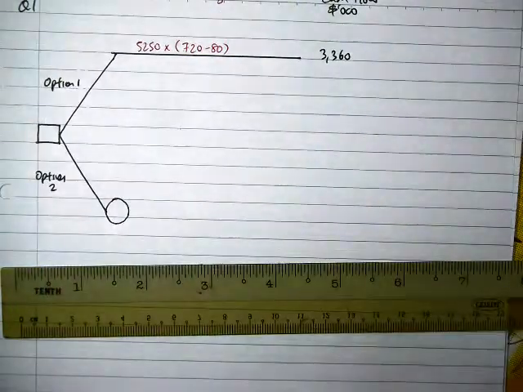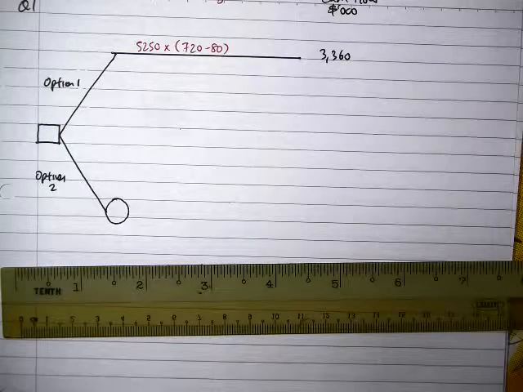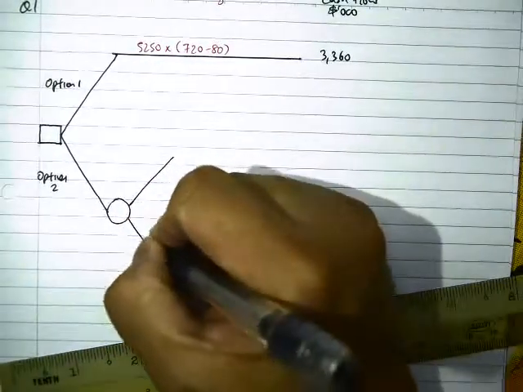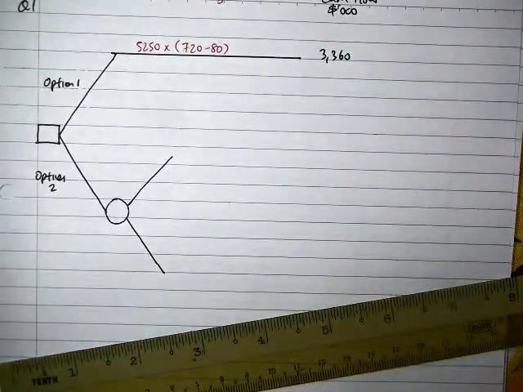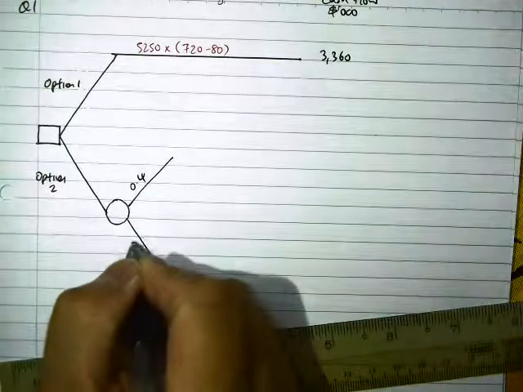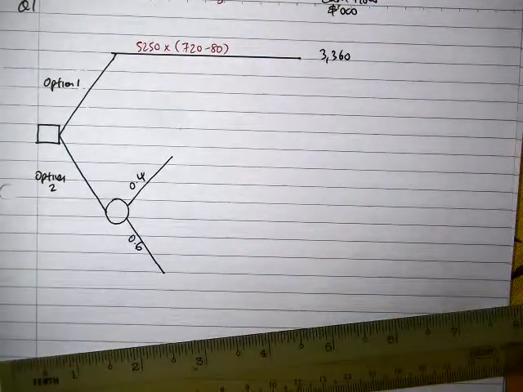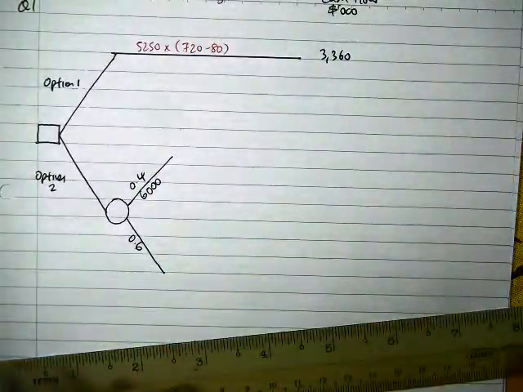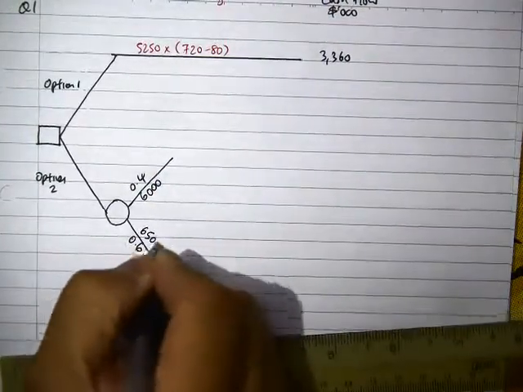If you go for option 2, then you have uncertainty about the members. So they say there's a 40% chance and 60% chance that it will have 6,000 and 6,500.